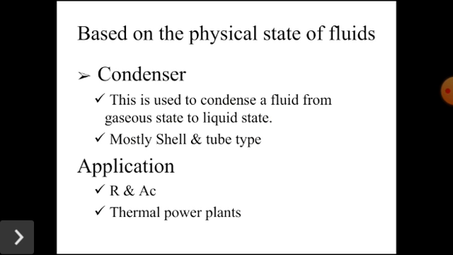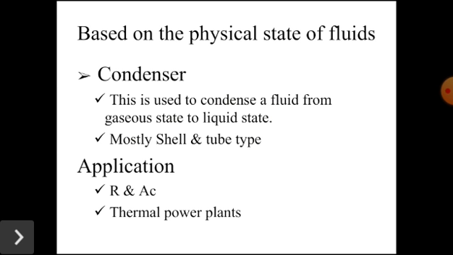First of all, the condenser. The name itself indicates that condensing occurs here, that is, the fluid entering the tube will initially be in a gaseous state. Finally at the outlet, it will be converted into a liquid state. Mostly shell and tube type heat exchangers are used as condensers. Application: R and AC. What does it mean? R refers to refrigeration and AC refers to air conditioning.